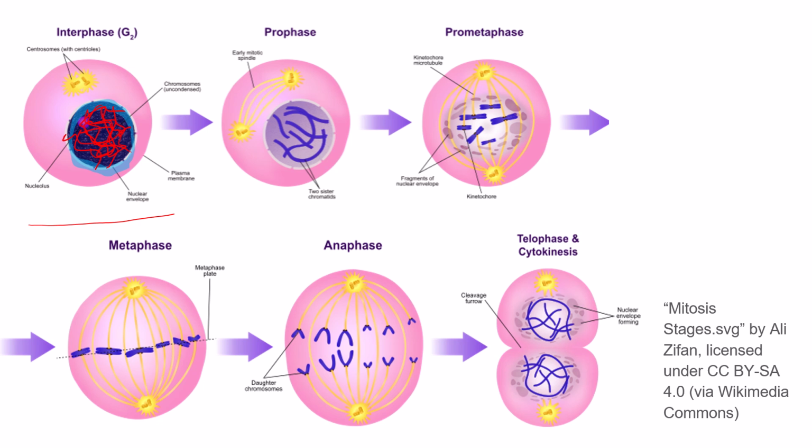But then, now the cell wants to divide. So the DNA gets all organized into chromosomes. Remember, we talked about the chromosomes? And in the middle of the chromosome, we have the centromere.